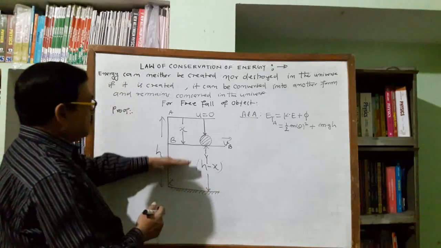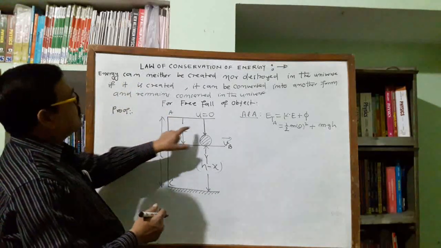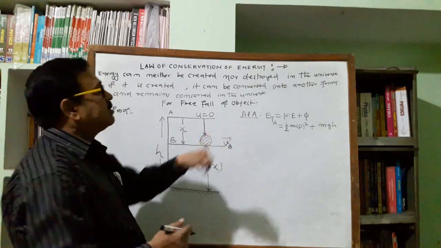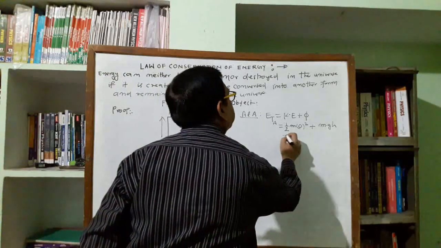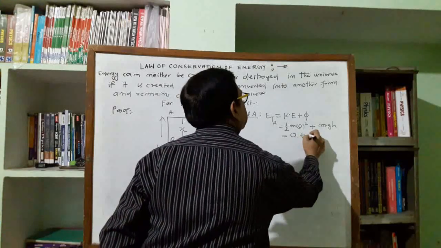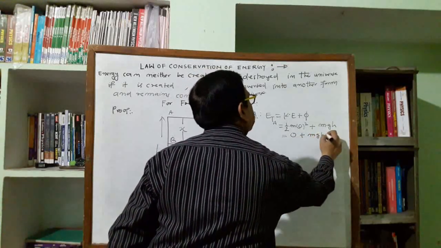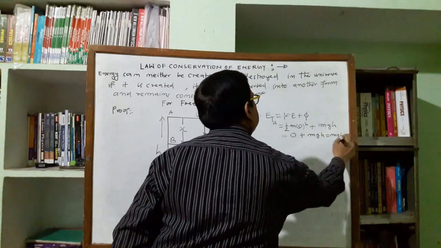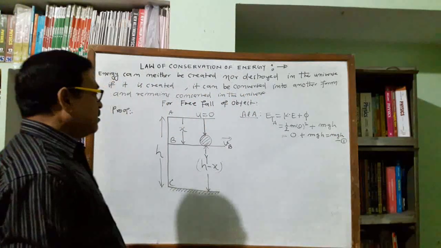And above the ground at a certain height the object possesses maximum potential energy mgh. So we add up 0 plus mgh and we get mgh, equation 1 at point A.